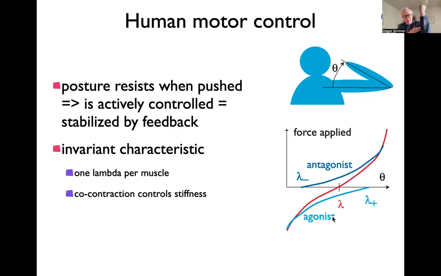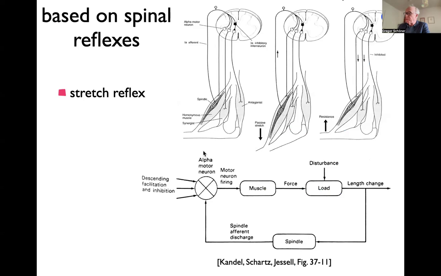You're activating your biceps and triceps, opposing muscles, and they make force on the joint, which has zero torque because they cancel, but they resist change, so they make it stiff. And that is something that is actually used to control stiffness in human movement. So there are efforts. So in the nervous system, this is based on reflexes.